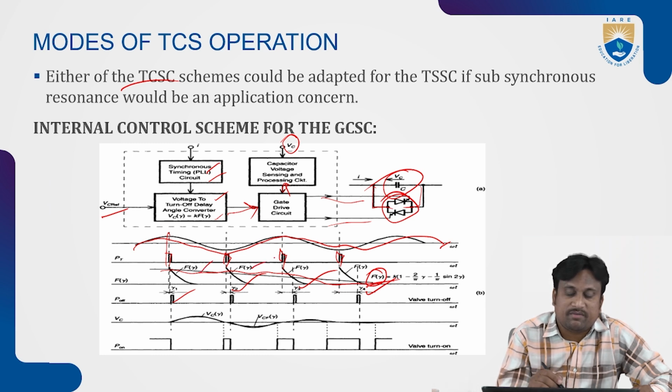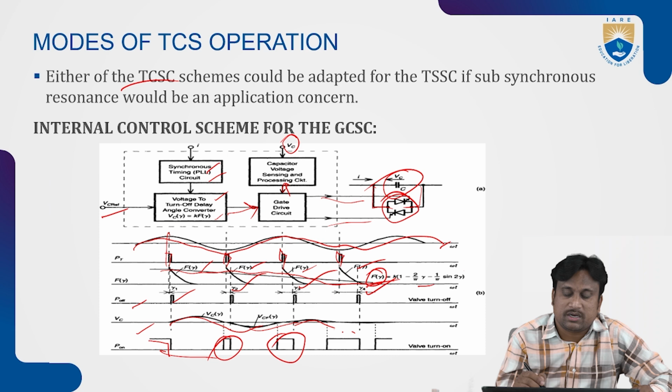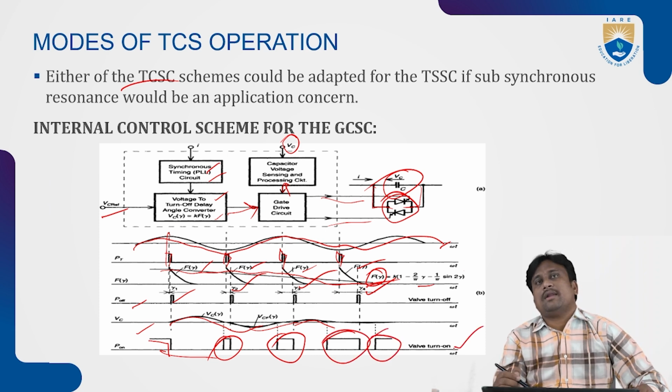So f of gamma is the function of the wave, which may be written as k into 1 minus 2 pi gamma minus 1 by pi, to gamma. This is about the off period, and Vc is the capacitor voltage, and Vc of gamma will follow this case. And on-state power stages are derived here with respect to peaks generated at each instant of time. That is called the valve turn-on time.